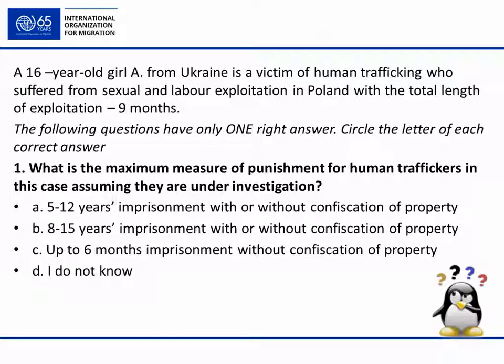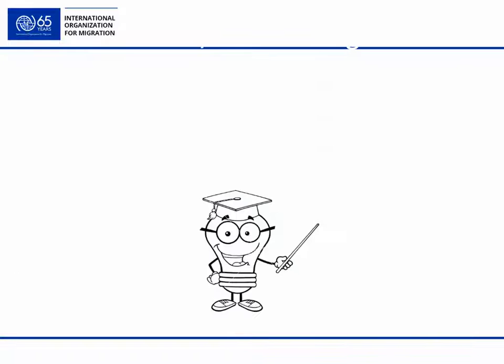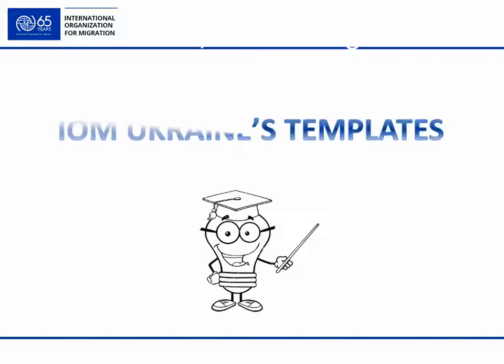It's clear that you need specific preparation. You need to have a training to answer these questions correctly. I think this answer B is correct: 15 years imprisonment with or without confiscation of property. That's it. This is the end of part 1.